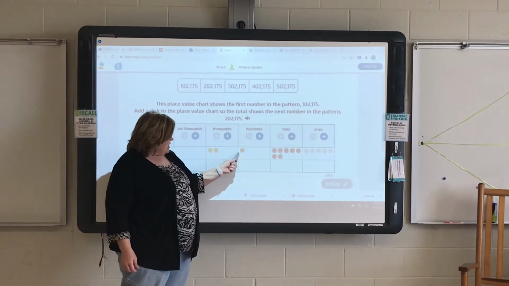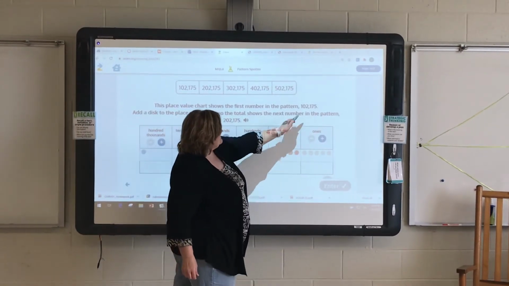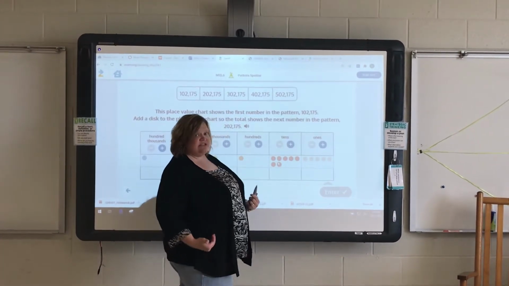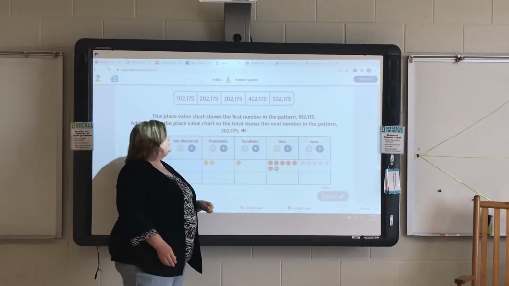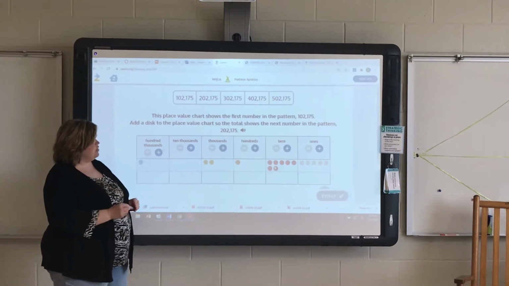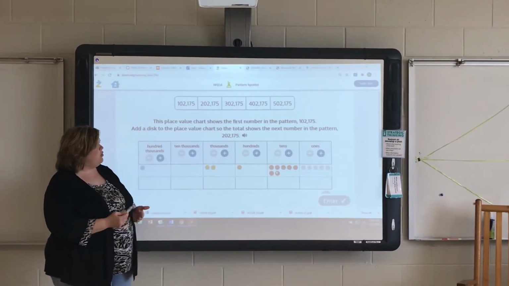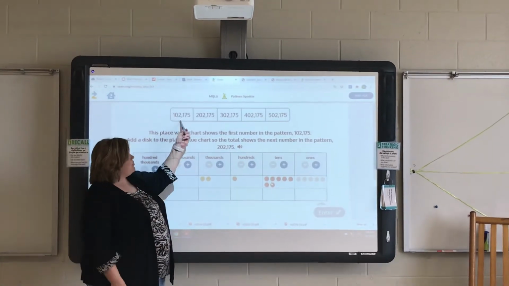We have 1, 2, 3, 4, 5, 6, 7 tens, which would stand for 70. 1, 2, 3, 4, 5 ones. So we're going to add a disk to this place value chart so the total will show the next number in the pattern.